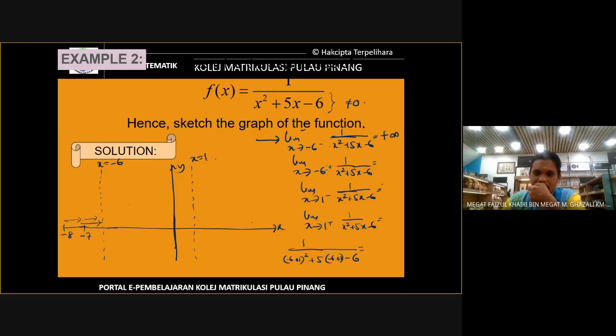Now, what is the value when x is approaching negative 6 from the right? Negative 1, negative 2, negative 3, negative 4, negative 5, negative 5.5, negative 5.8, negative 5.9, negative 5.99. If I choose the value of x as negative 5.99, let's try together.